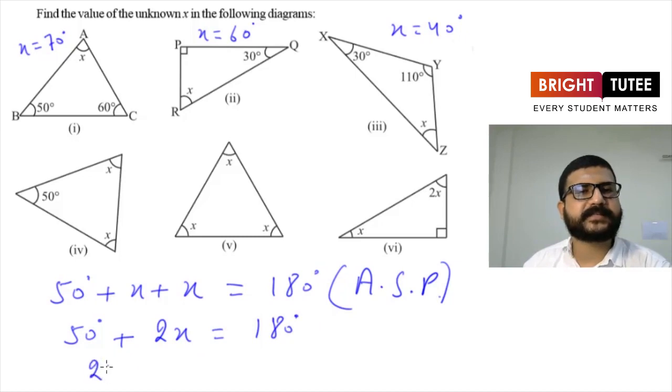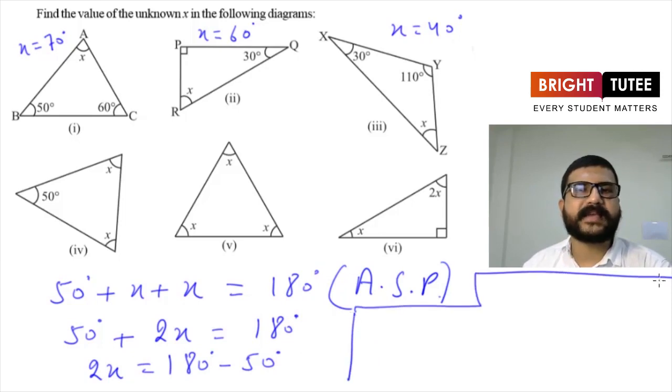So this gives us 2x is equal to 180 minus 50 degrees. Now by simplifying this, we will get the value of 2x as 130 degrees. Now from here, x will be equal to 130 divided by 2.